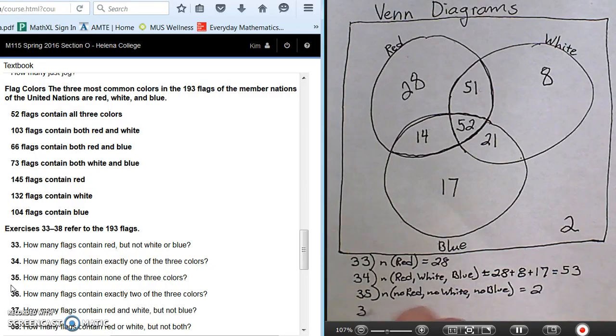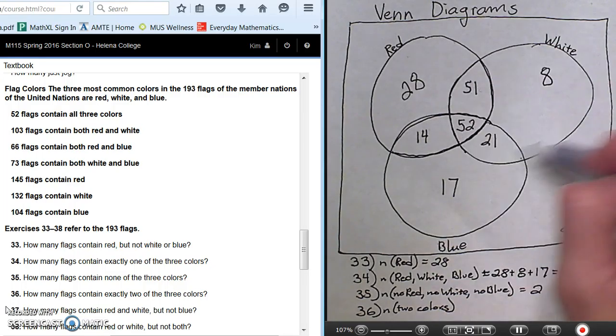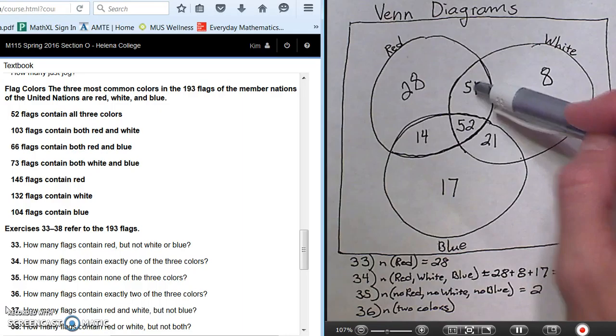Number 36. How many flags contain exactly 2 of the 3 colors? We only want 2 colors. So where red and white overlap, I have the numbers 51 and 52.